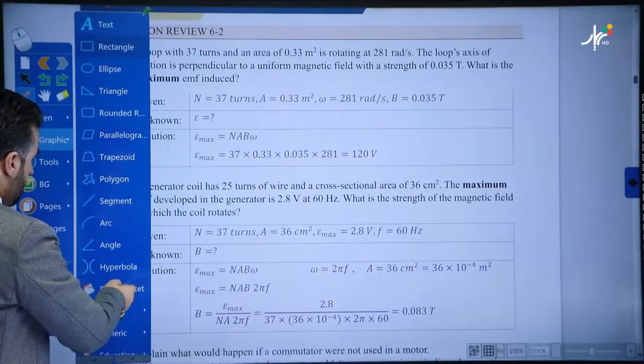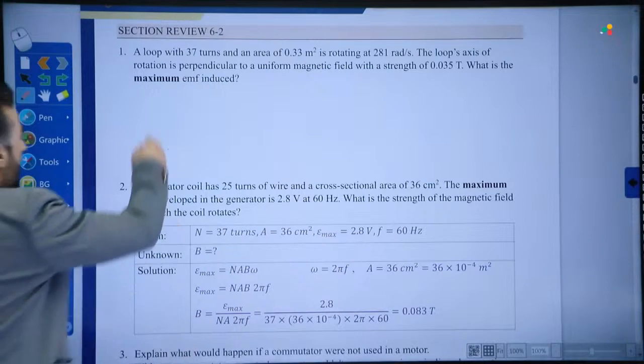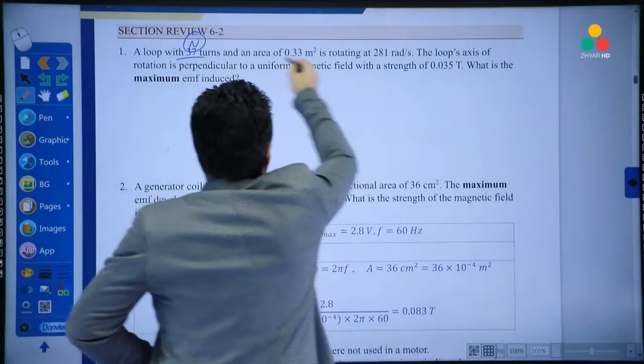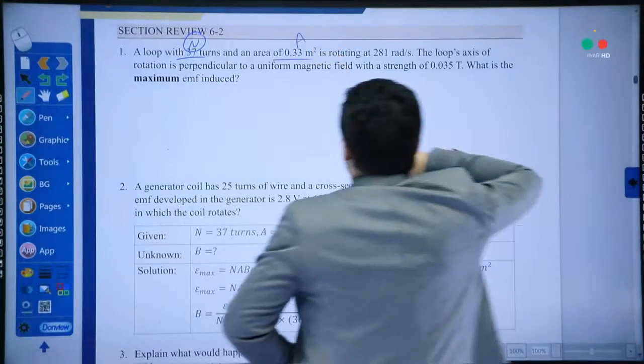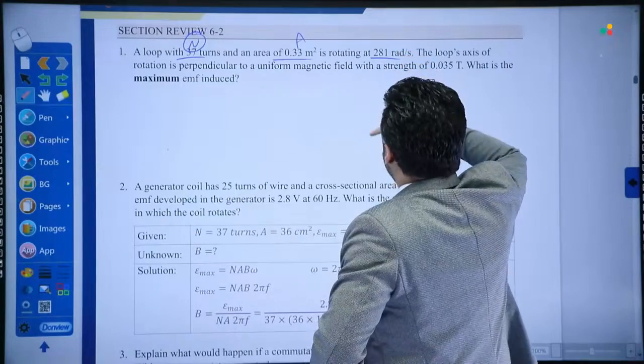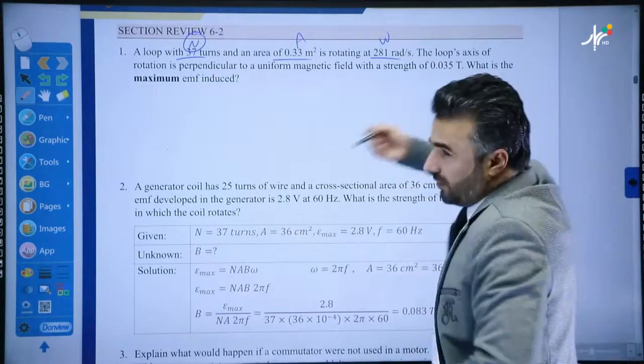So once again, remember this. We have the number of turns, which is N, 37 turns. And of course we have the area, that is 0.33. And of course it is rotating at 281 radians per second. That is angular speed, or you can say angular frequency.